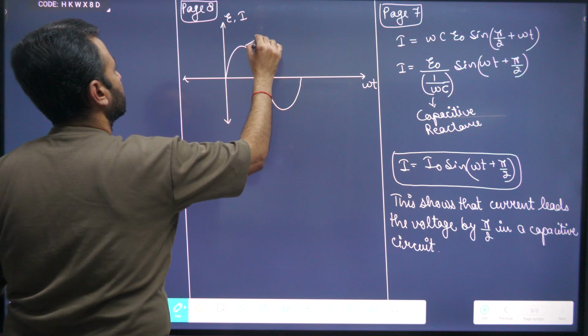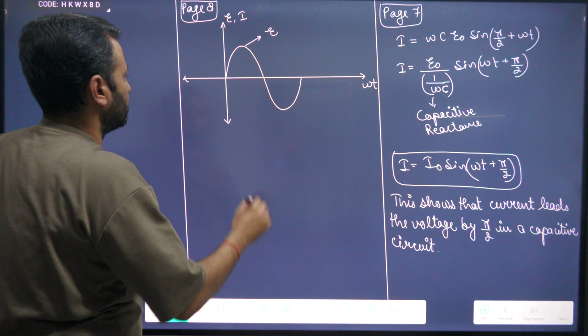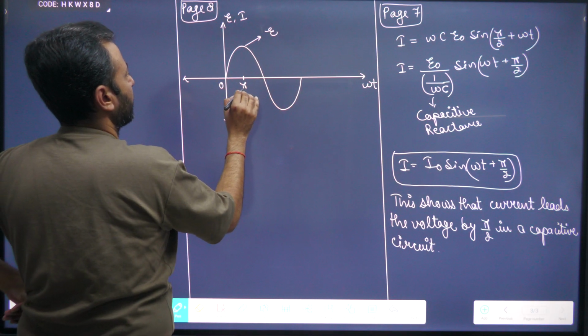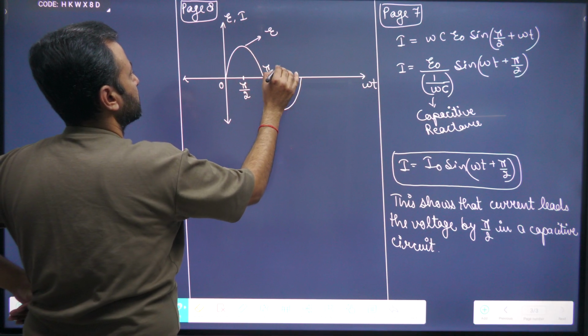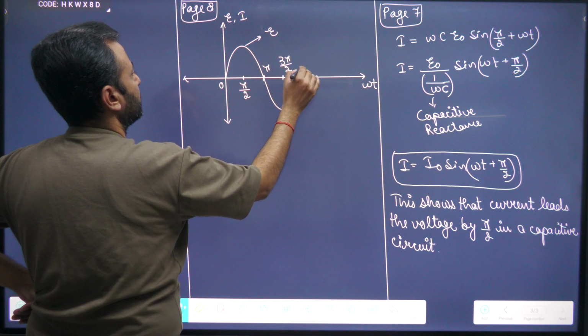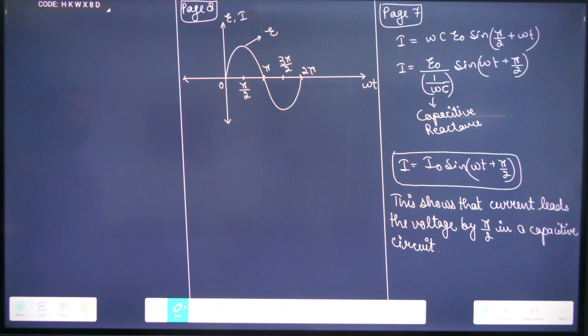This is E. E is equal to E naught sine omega t. This angle is 0, this is pi by 2, this is pi, this is 3 pi by 2, and this one is 2 pi.